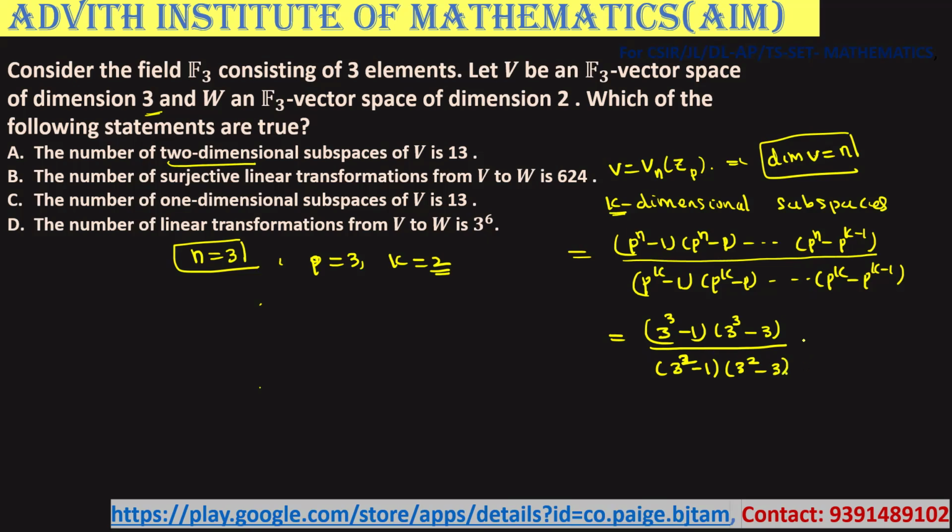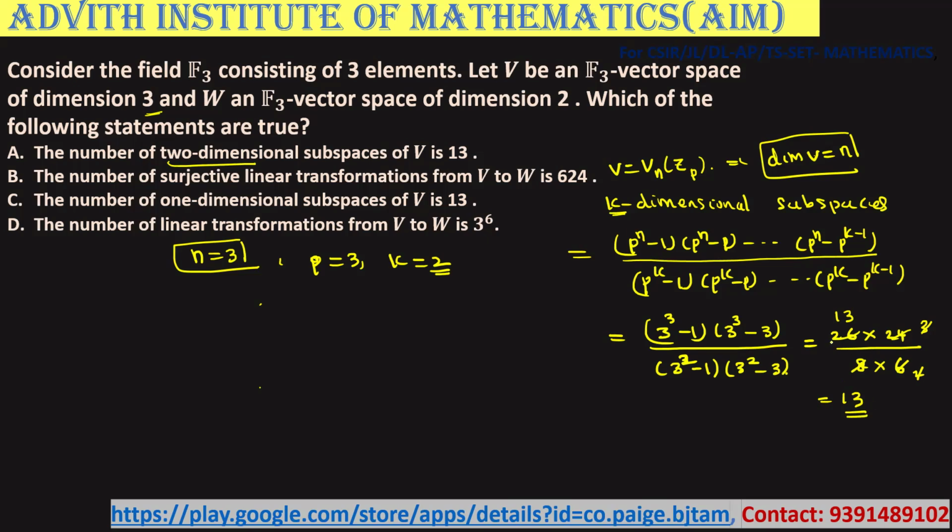Which is equal to 27 minus 1 is 26 into 27 minus 3 is 24, divided by 9 minus 1 is 8 into 9 minus 3 is 6. Cancelling, we get 13, sir.